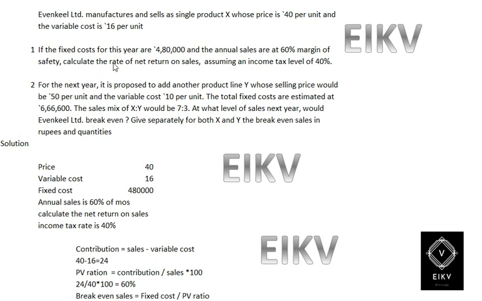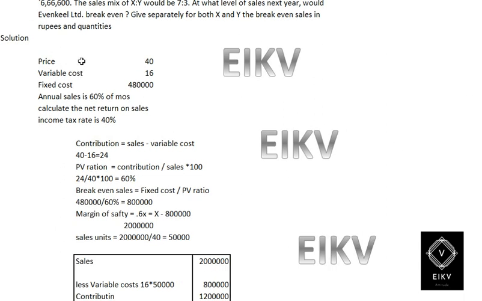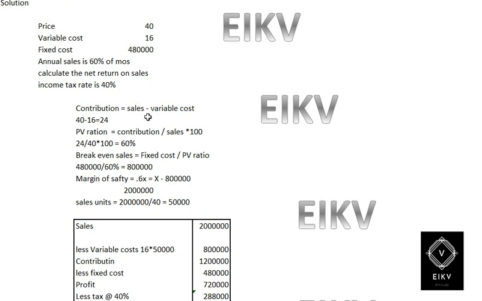Then they have requested us to calculate the net rate of return on sales. We have some of the details: selling price is 40, variable cost is 16, fixed cost is 4,80,000, annual sales is 60% of MOS, and income tax rate is 40%.